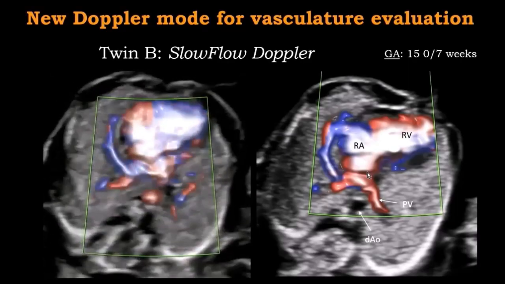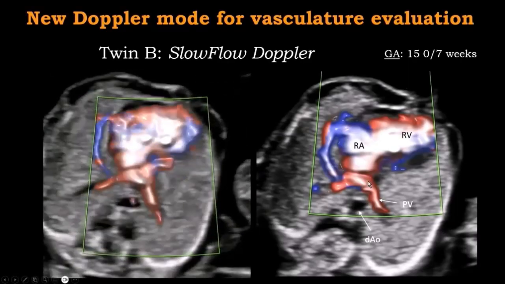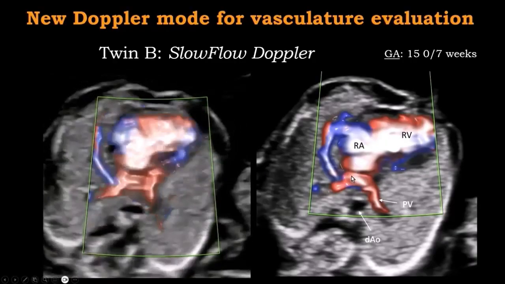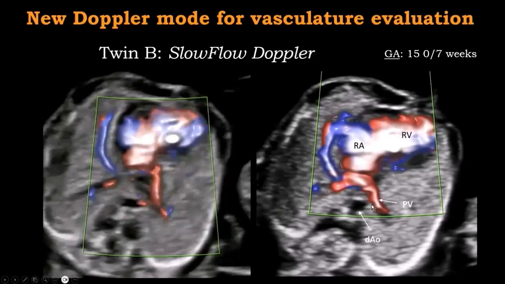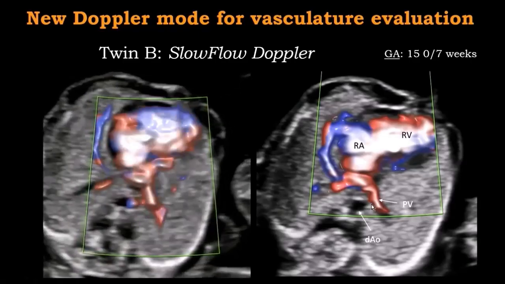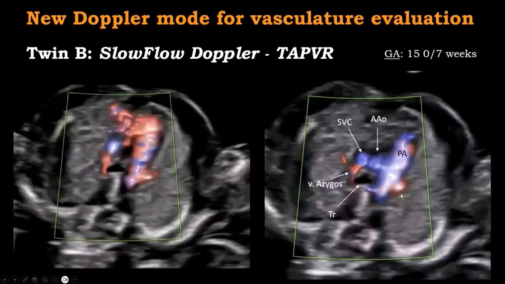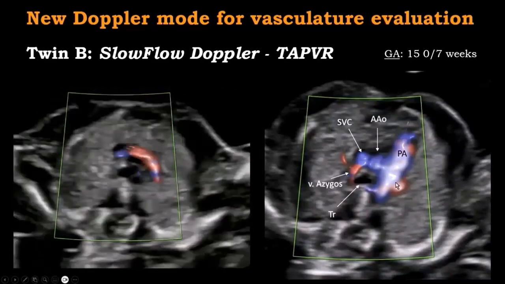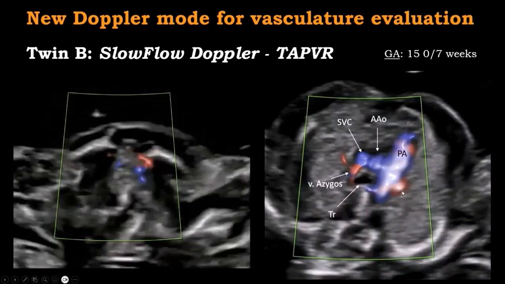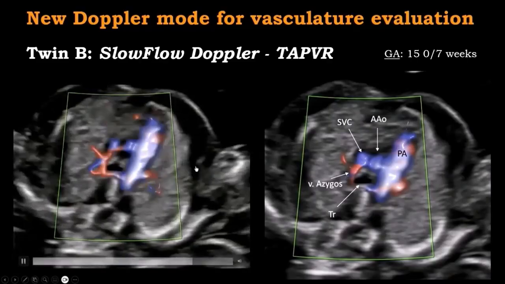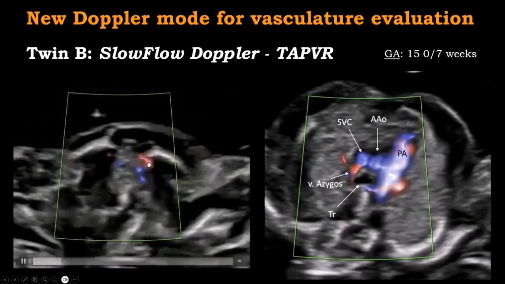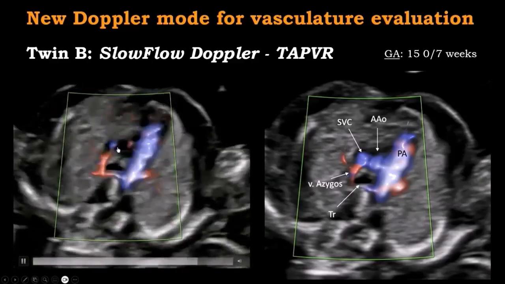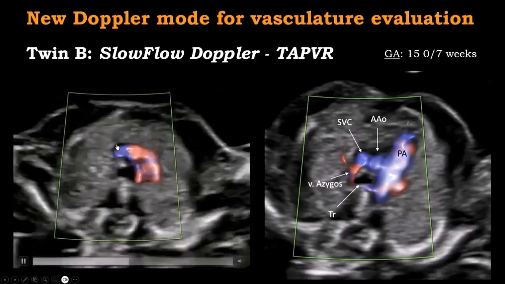So we were looking for the pulmonary veins, and here you can see that the pulmonary veins, instead of joining the heart, were forming a collector or confluence, and then we were able to visualize the collector, the confluence, the vertical vein, and then how that vertical vein, through the brachiocephalic vein, was draining to the superior vena cava.